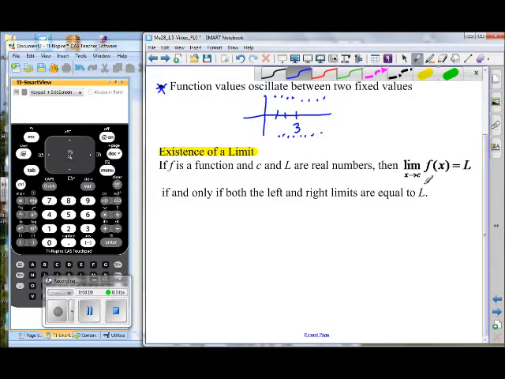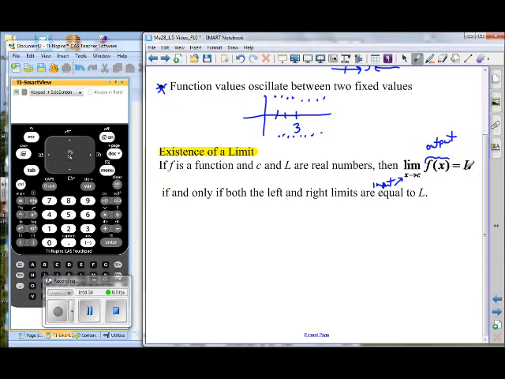This is looking at the output values of our function. As the input values go to some predetermined destination that we have chosen or is chosen for us, what are the outputs doing?